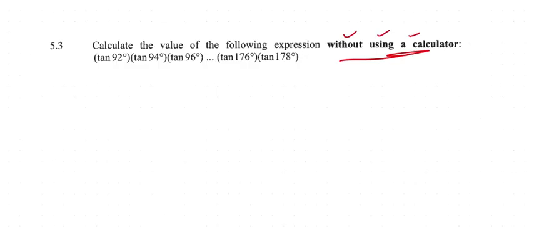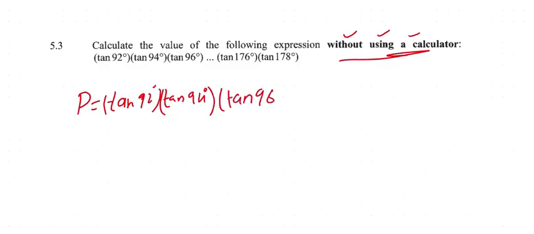I am going to write the expression like this. Suppose we write P equals tan 92 degree, tan 94 degree, tan 96 degree, and so on, tan 176 degree, tan 178 degree.